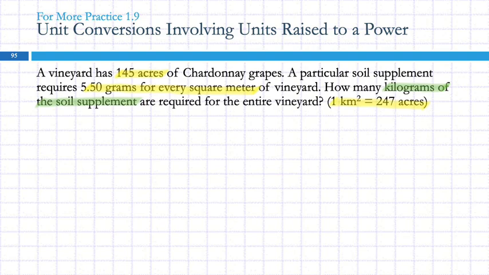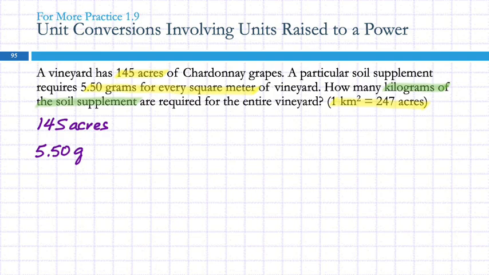Okay, so we've got more than one number here, right? So we can't just say, oh, that's the number and unit, that's what we're starting with. We've got a bunch of things. So let's write them down. I have 145 acres. That's one of the things. Here's another thing, 5.50 grams for every square meter.